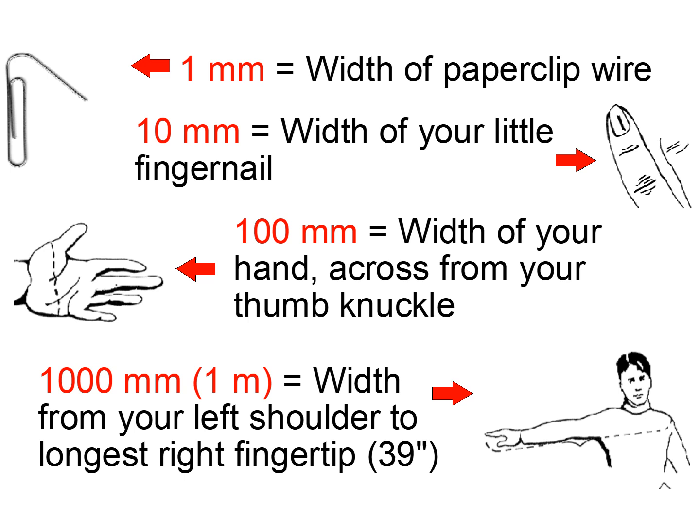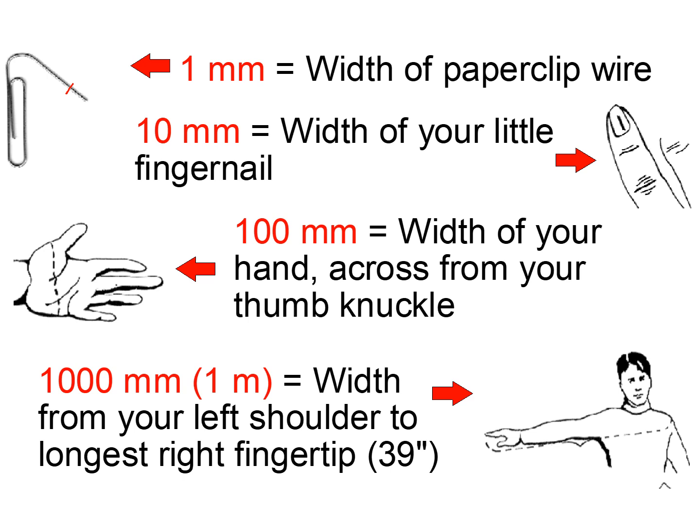So a millimeter, when you're out in the field, just how we do it, I can look and say a millimeter is about the width of a paper clip. 10 millimeters is about the width of your fingernail, your small finger, average. 100 millimeters is the width of the hand, going from your thumb all the way across.